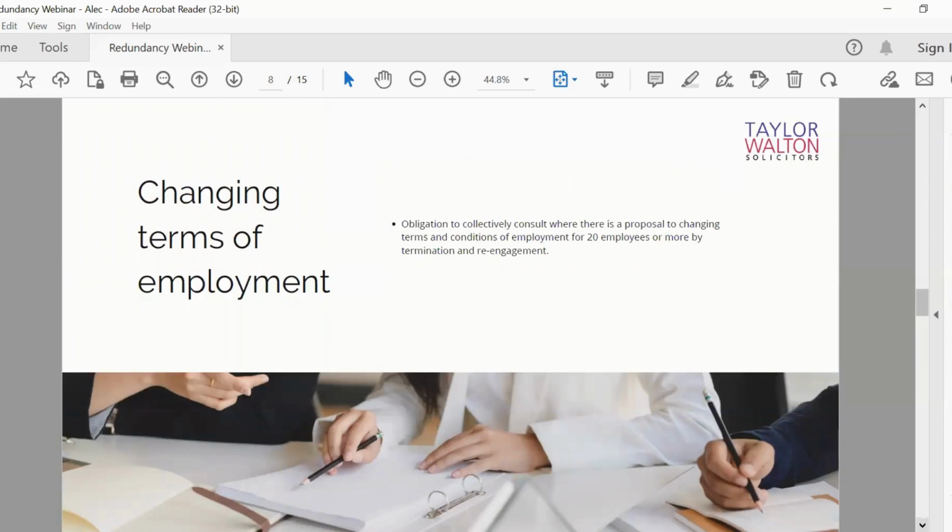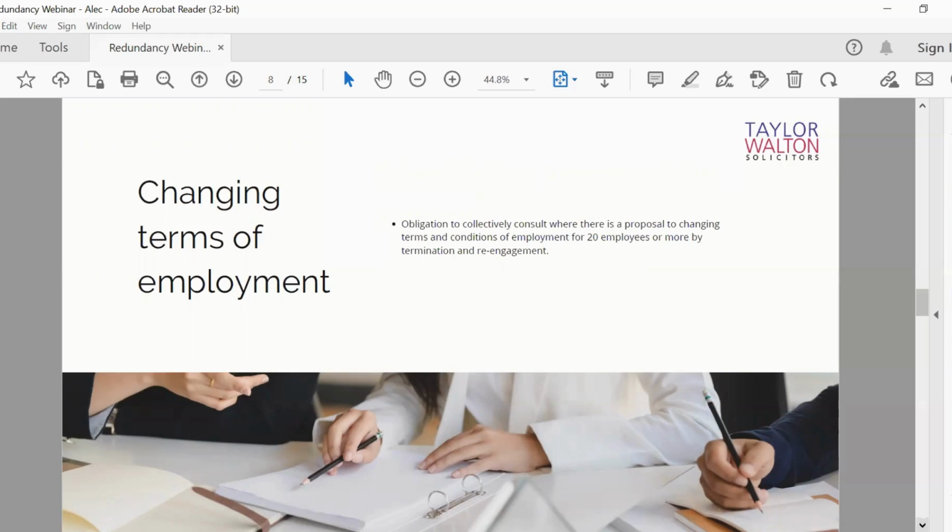Just by way of a reminder, if you're not aware of this, the obligation to collectively consult doesn't just apply to a redundancy situation. It also applies where an employer is proposing to change terms and conditions of employment for 20 employees or more by termination and re-engagement.